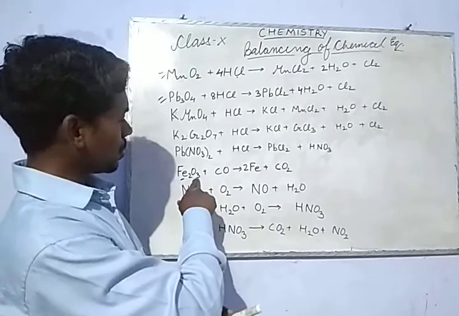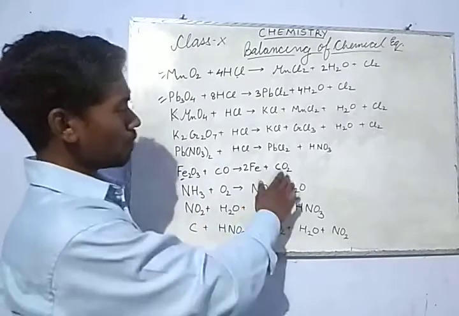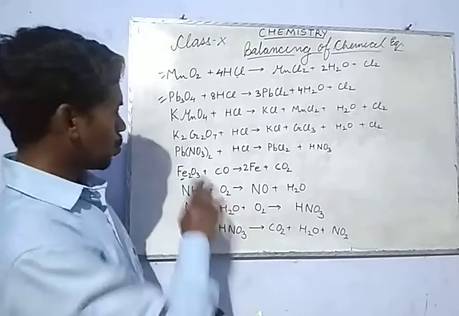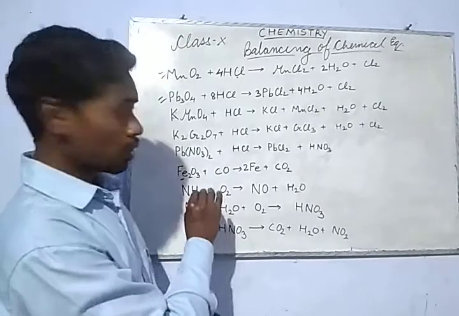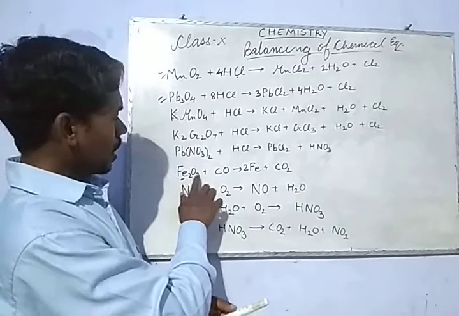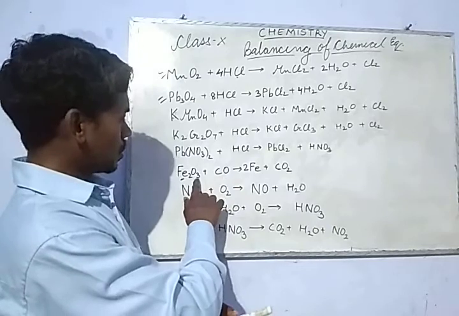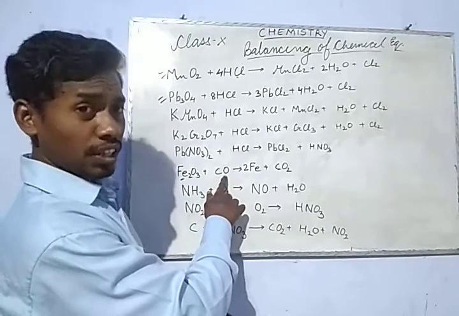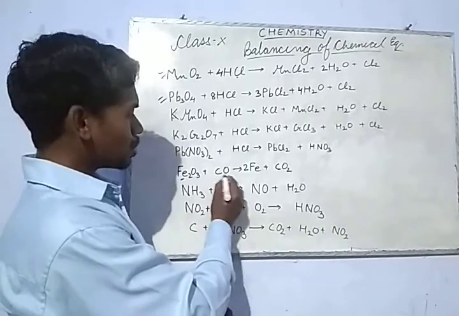Oxygen is 3 here and 1 oxygen here, and we have 2 oxygen here. Whenever the oxygen is odd in number, we need to make it even. So here 3, how many oxygen should be here so that it becomes even?